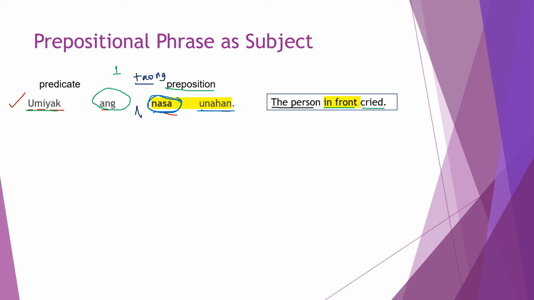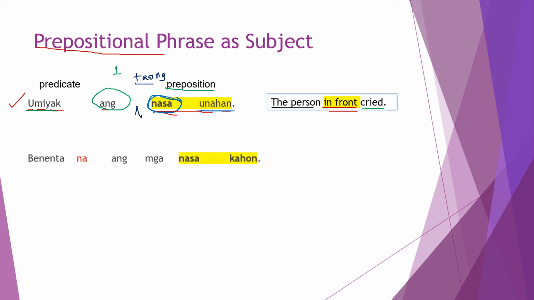Person is tao, but also without taong or tao, we can understand that it's a person. So the thing in here is we are using prepositional phrases, nasa unahan, in front, to say that the person who cried is that person in front. Okay?